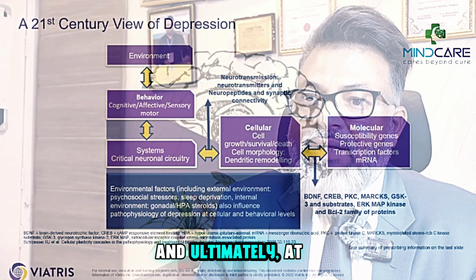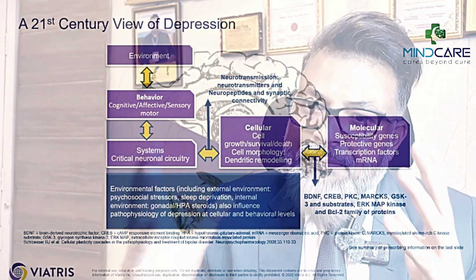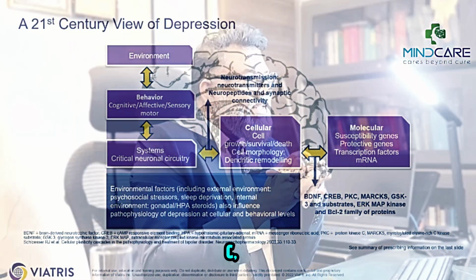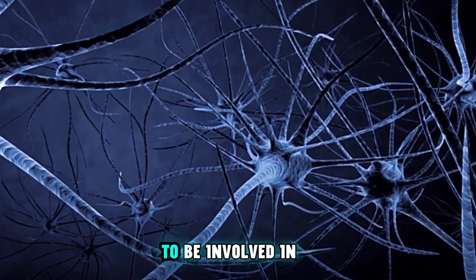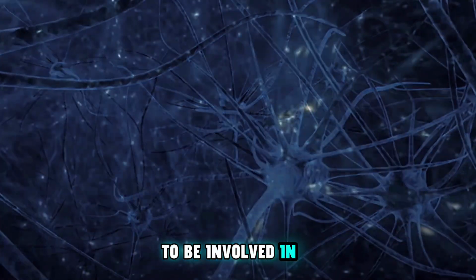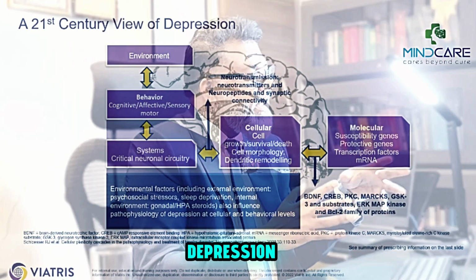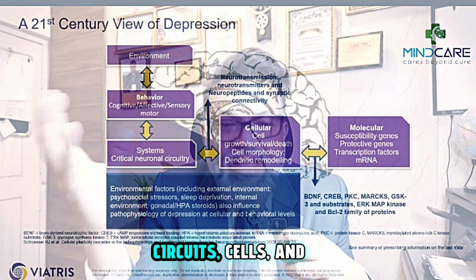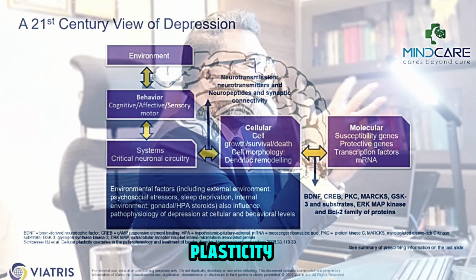And at the molecular level, BDNF, cyclic GMP, protein kinase C, and all these kinases are seen to be involved in the causation of depression. This depression arises from interplay across environment, circuits, cells, and molecules, with neuronal plasticity at the center.